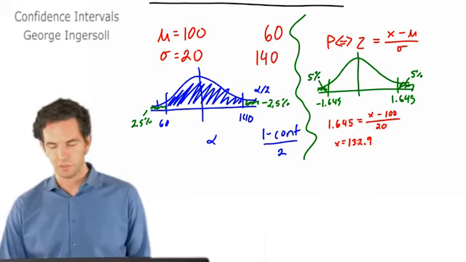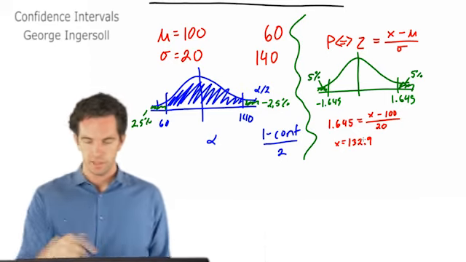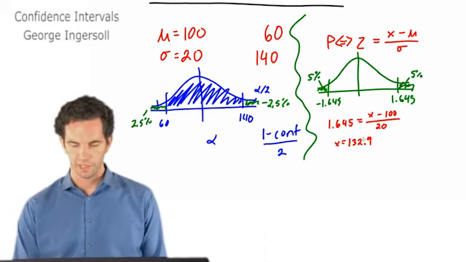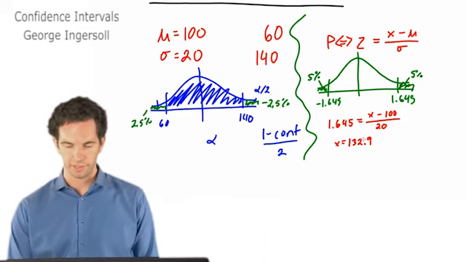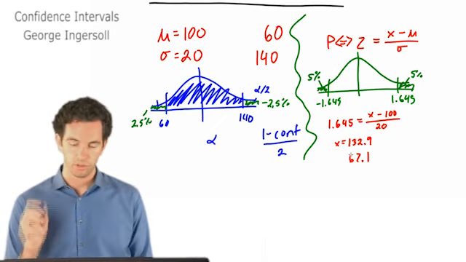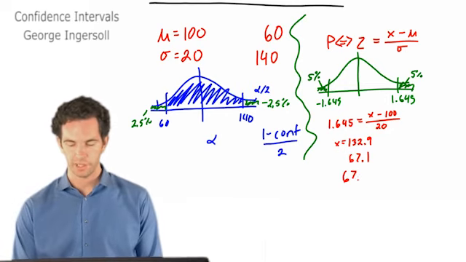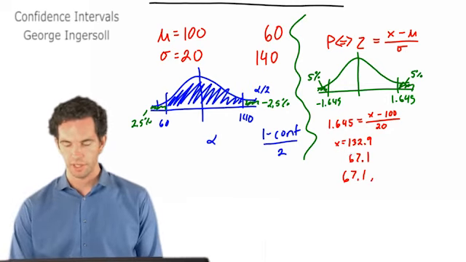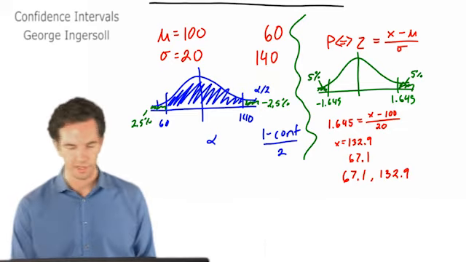And since we were 32.9 guests above the mean on our upper bound, we're going to have the same number of guests below the mean on our lower bound, and that's going to be equal to 67.1 guests. So at a 90% confidence interval, we can be 90% sure we'll get between 67.1 and 132.9 guests showing up on a Saturday night.